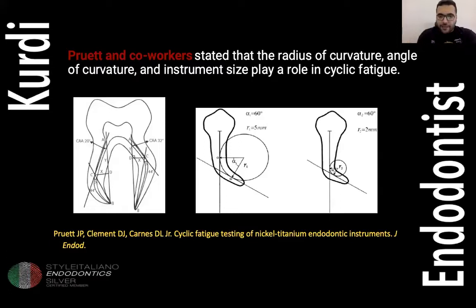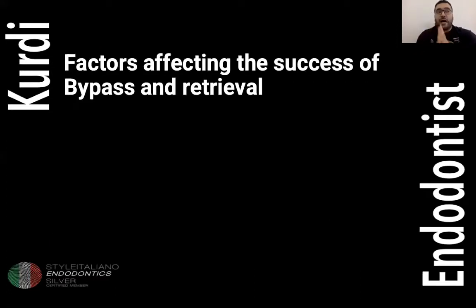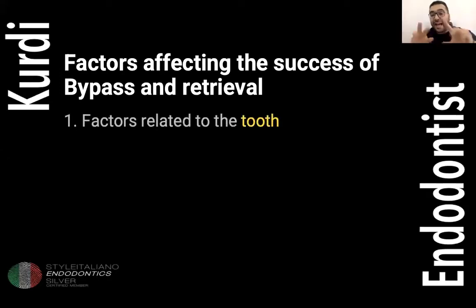All right, okay. Now let's move to the other part of our lecture, the factors affecting the success or failure of bypass or even also retrieval, because we have to mention both of treatment options. When we have a broken file inside the case, inside the tooth, we have 4 treating options.